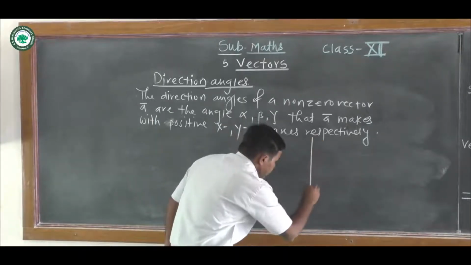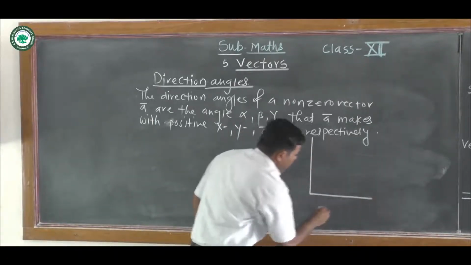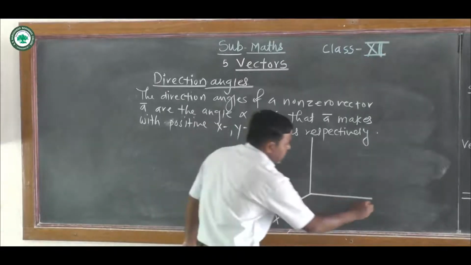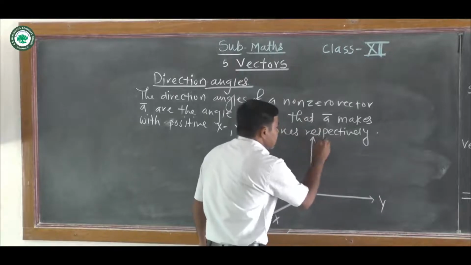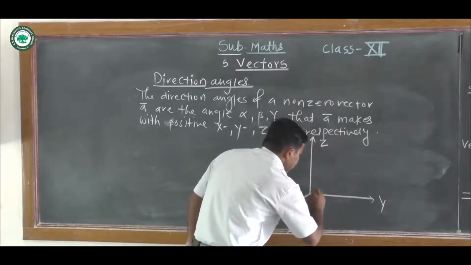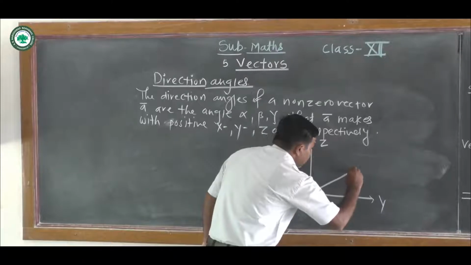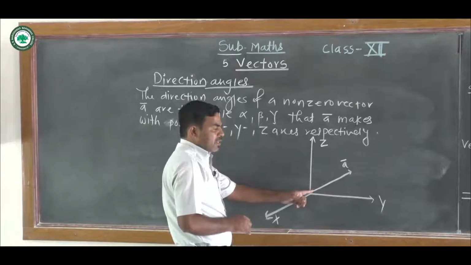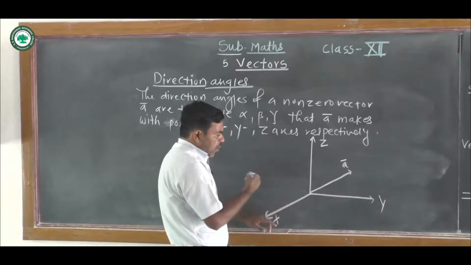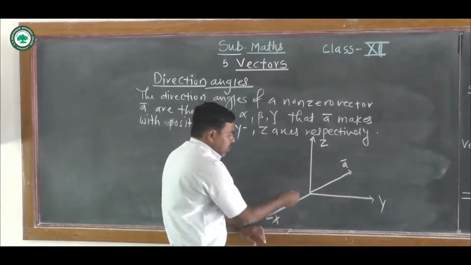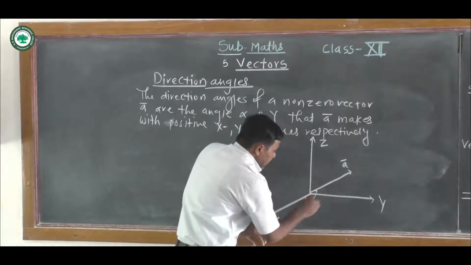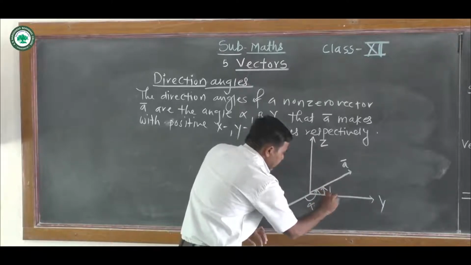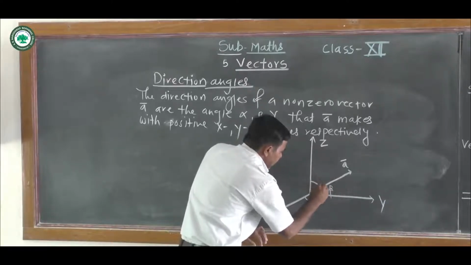See, this is a three-dimensional system, x-axis, y-axis, z-axis, and this is your vector A bar. Then the angles made by this vector A bar with positive direction, means in this direction, this is alpha, this is beta, and this is gamma.